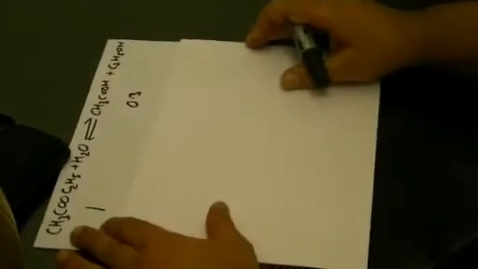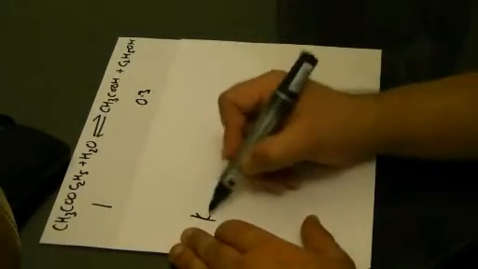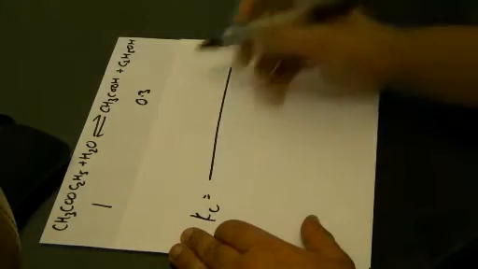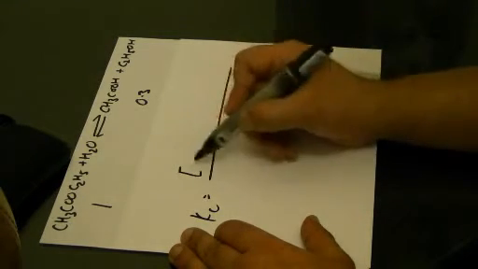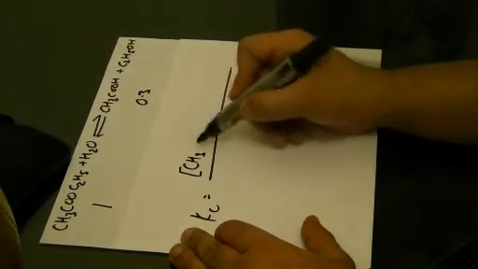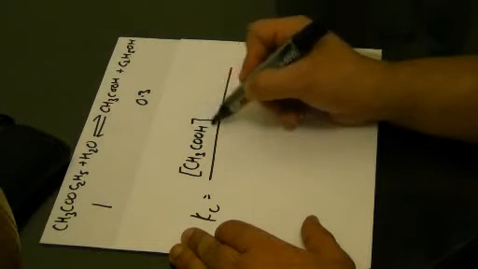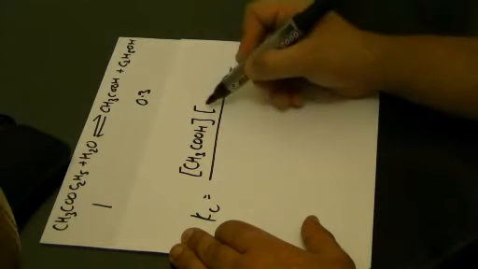First, we'll start off by writing the Kc expression for the reaction. To write that, all you do is very simply take a new piece of paper. I'm going to write Kc equals, at the top in square brackets, the products, ethanoic acid and ethanol.